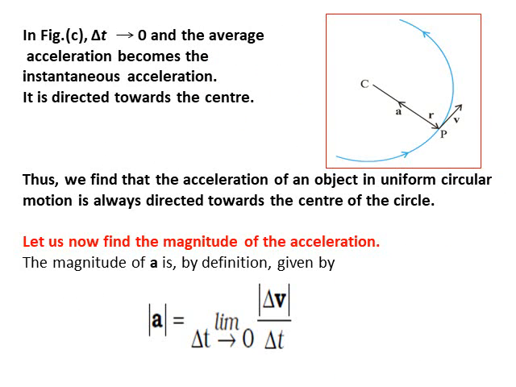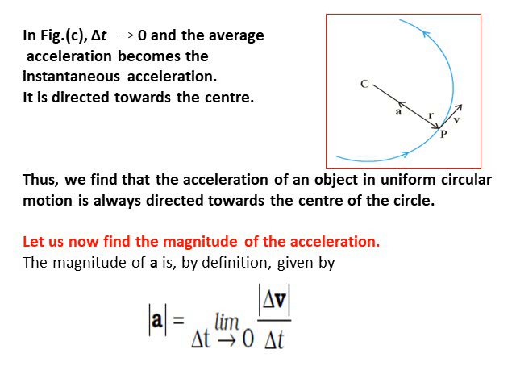In figure C, delta t tends to 0, meaning instead of average acceleration, it will be the instantaneous acceleration, and it is directed towards the center. Thus, we observe that the acceleration of an object in uniform circular motion is always directed towards the center of the circle.